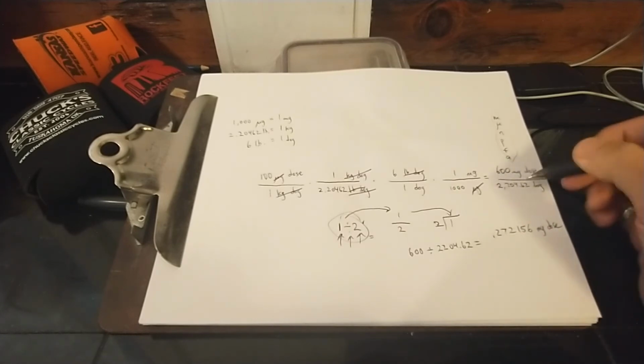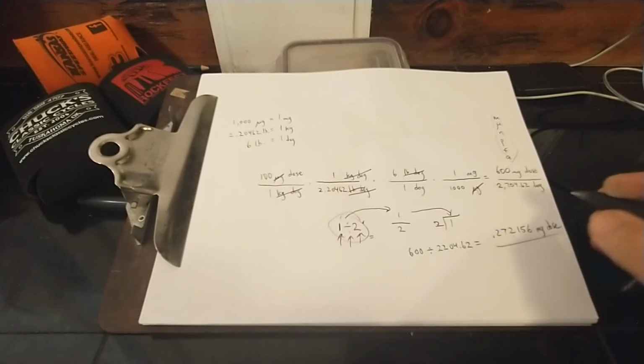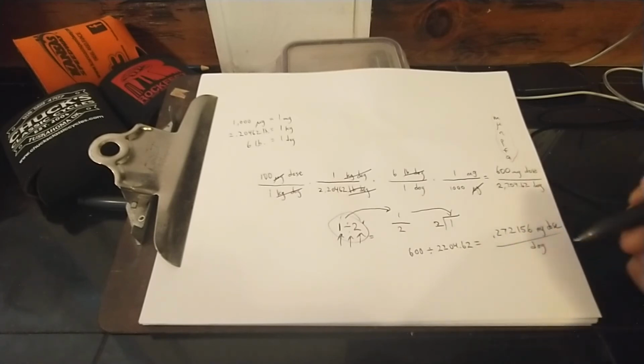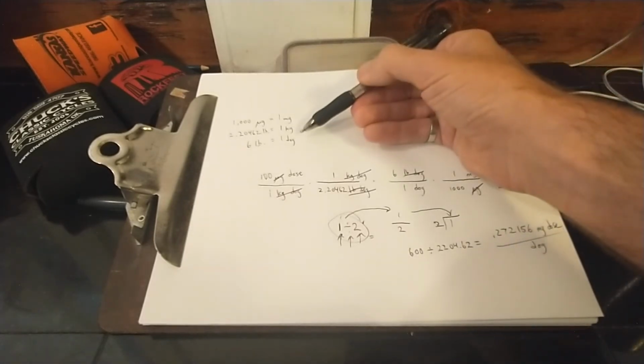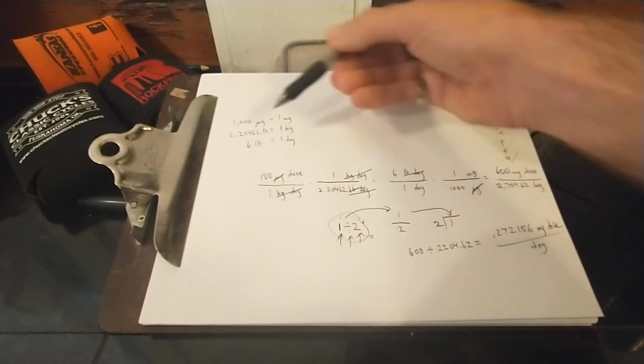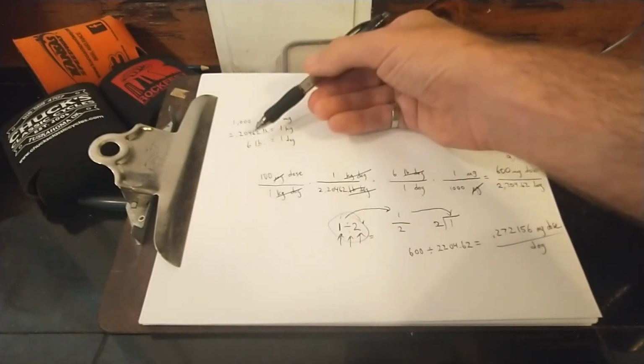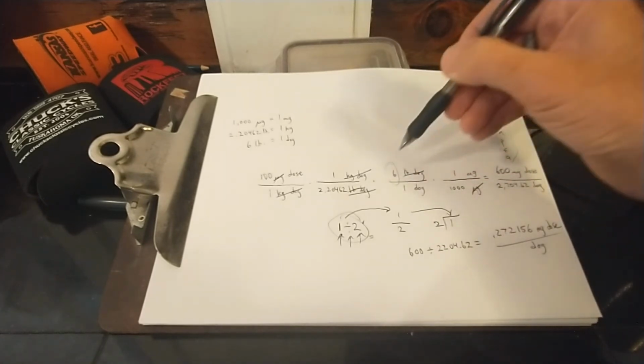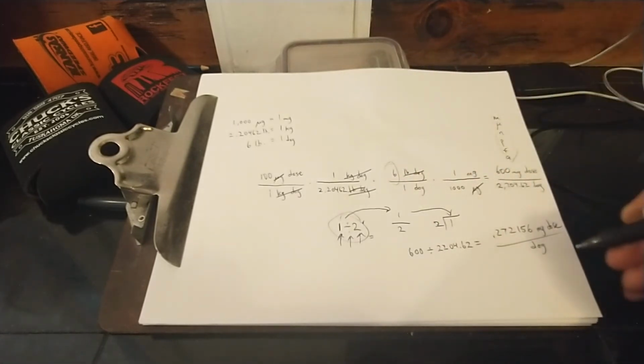There's nothing else to cancel in the adjectives, and that's just over dog now. But again, all this math was based on this conversion factor of the dog weighing whatever it weighs. So if that changes, then you have to go back to your math and you have to change the weight of the dog right there. And so we've got 0.272156 milligram dose per dog.